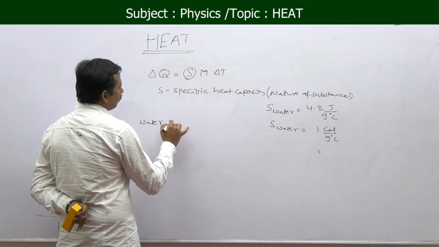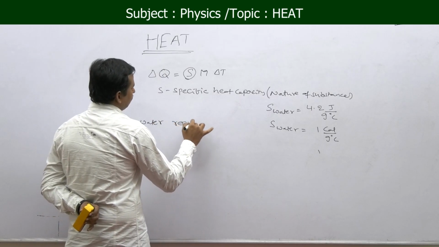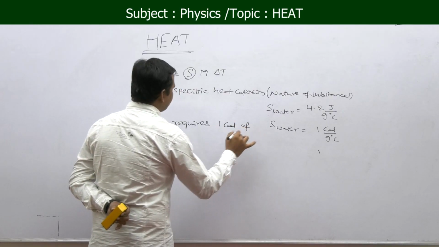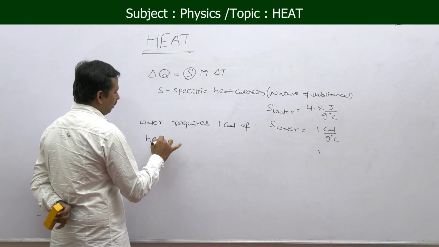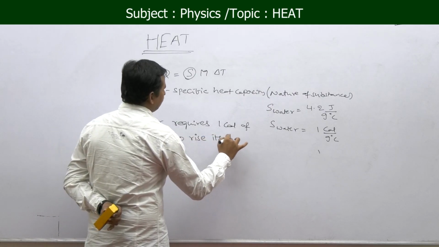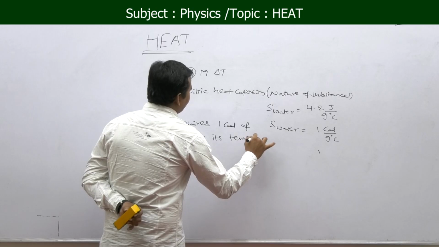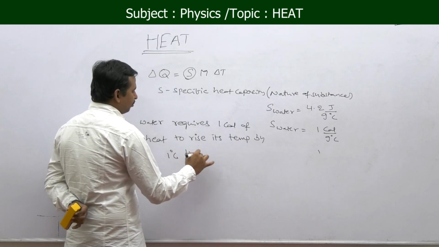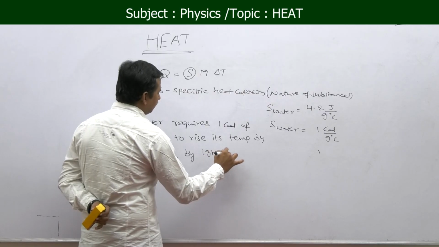requires 1 calorie of heat to raise its temperature by 1 degree Celsius for 1 gram of water. So, water requires 1 calorie of heat to raise its temperature by 1 degree Celsius for 1 gram of water.